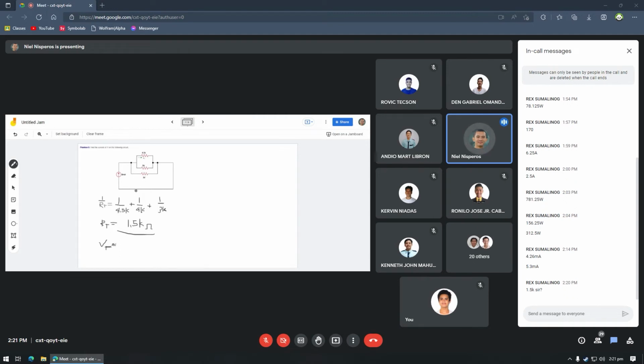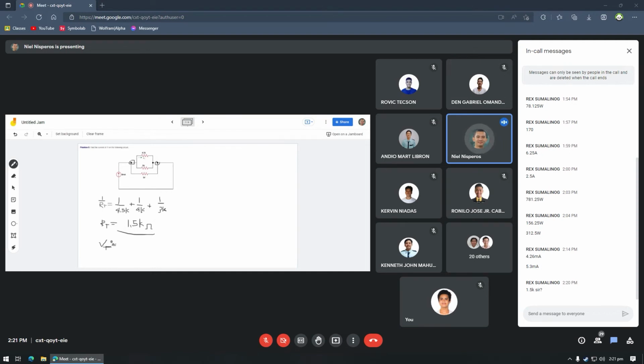Now we can solve for our voltage total. Since we are given a current of 8 milliamperes, that is the total current across the circuit. It will be divided na kung moagi na siya diri sa mga branches. Individual currents will be different na.